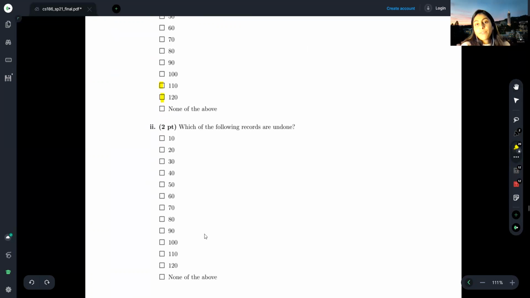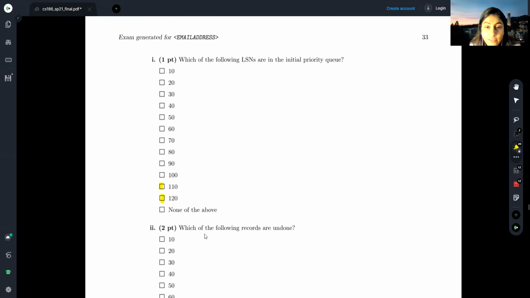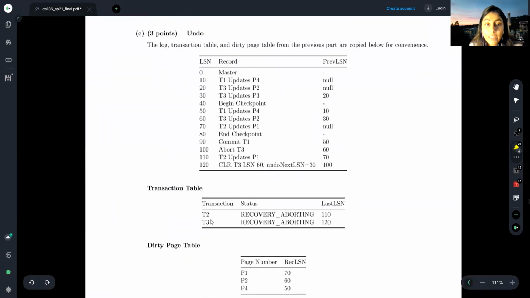Part 2 asks which of the following records are undone. The records which are undone will be all update records. Remember, CLRs are not undone. We don't want to undo those ones, we just want to redo those. So any update records that relate to the transactions currently in our transaction table, which would be T2 and T3, are going to be undone. So at 110, we have an update involving T2. At LSN 70, we have an update involving T2.